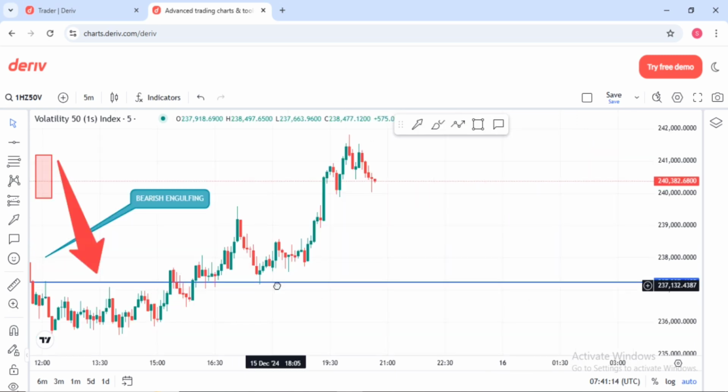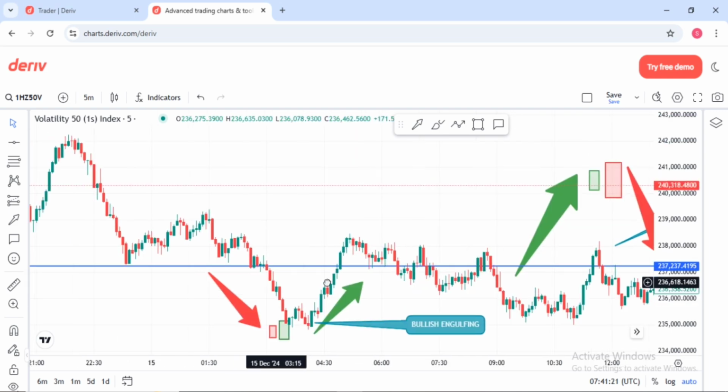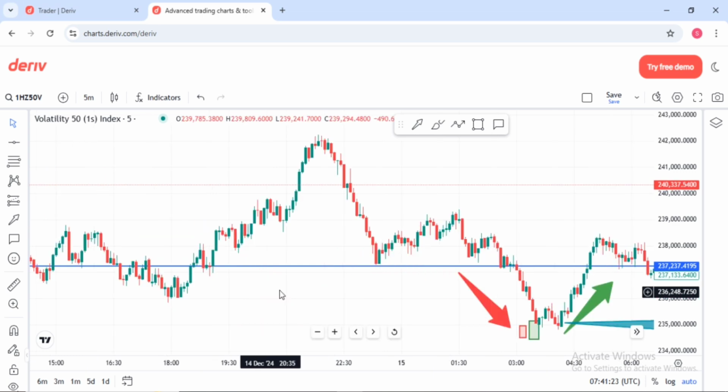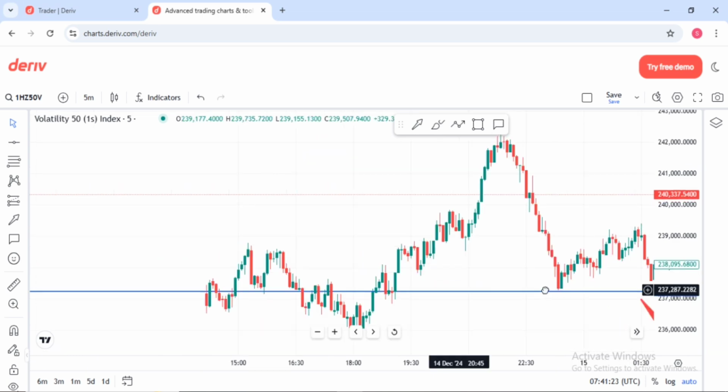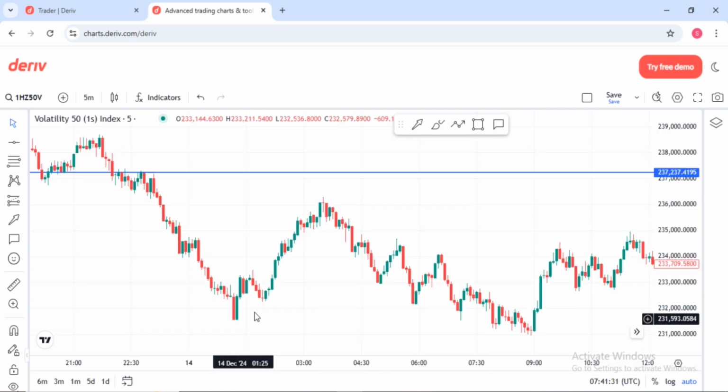Let me explain the same using the bullish engulfing, and I want you to do a lot of practice with this so that you see how it forms exactly. This one is also bullish engulfing. So this one forms immediately after you enter a trend here.